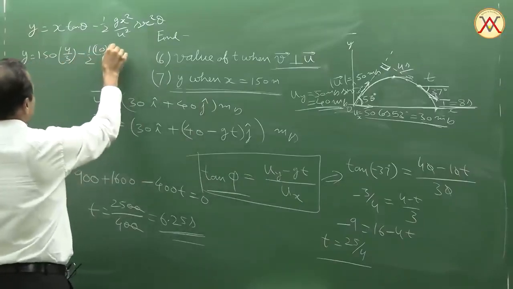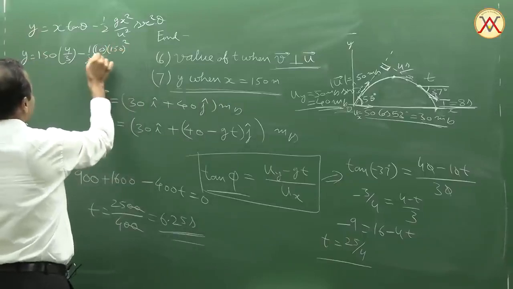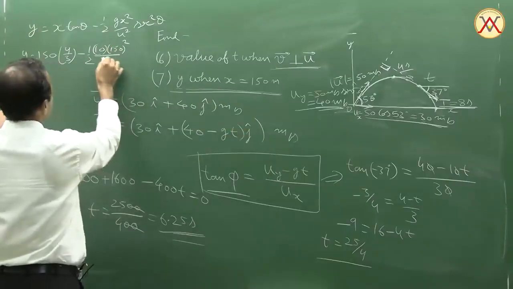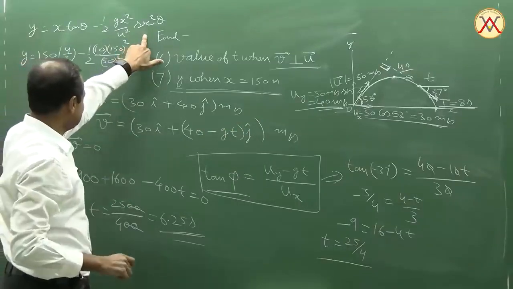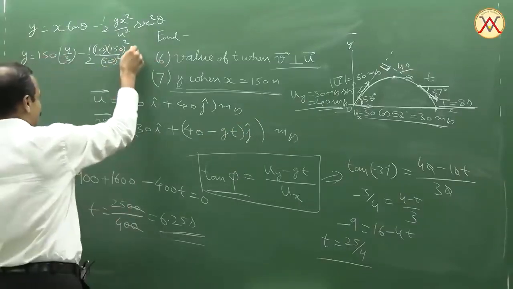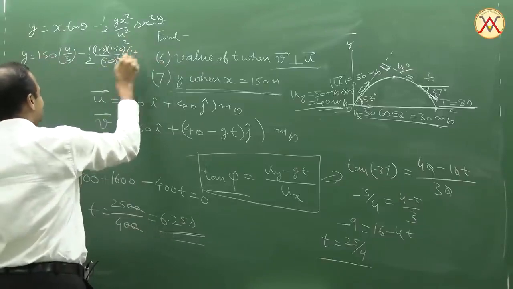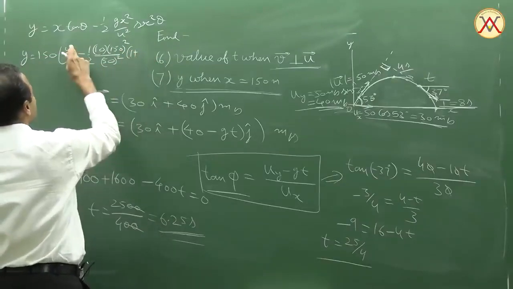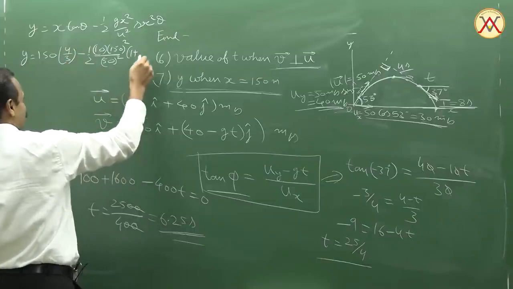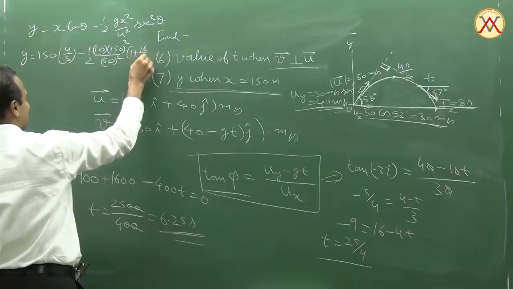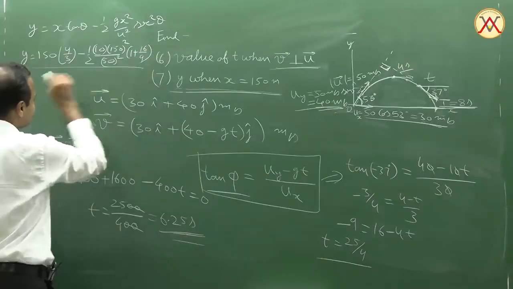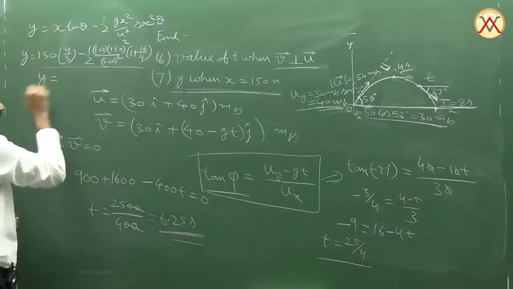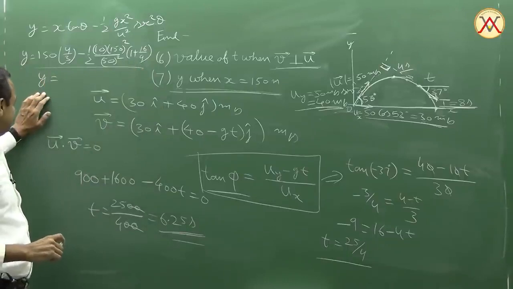X is given 150, so it is 150 squared. The value of u is 50, so u square is 50 squared. Now sec square theta, you can write as 1 plus tan square theta, so it is 1 plus the square of 4 by 3, which will be 16 by 9. Alright, and you can solve this to get the value of y.